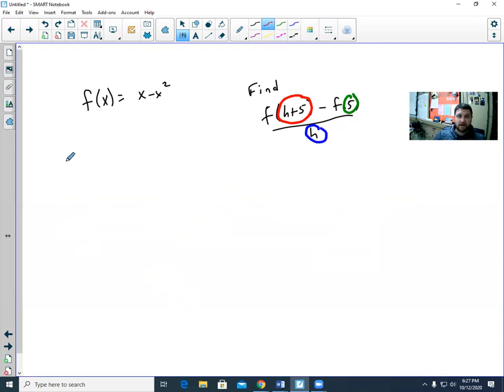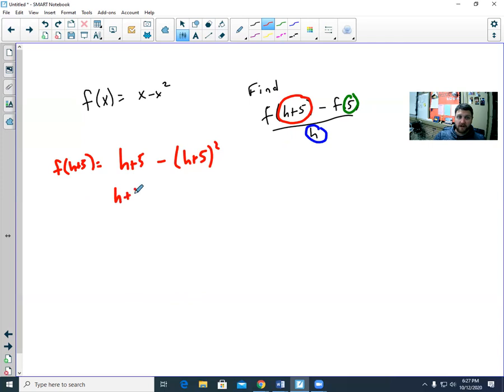So the first thing I'm going to do is plug in h plus 5 to see what that thing simplifies down to. So I have to plug in h plus 5 everywhere that I see x. So that's what that looks like. Now, one really important thing I need you to understand is I can't just square these. This is a review. You need to be able to FOIL this.